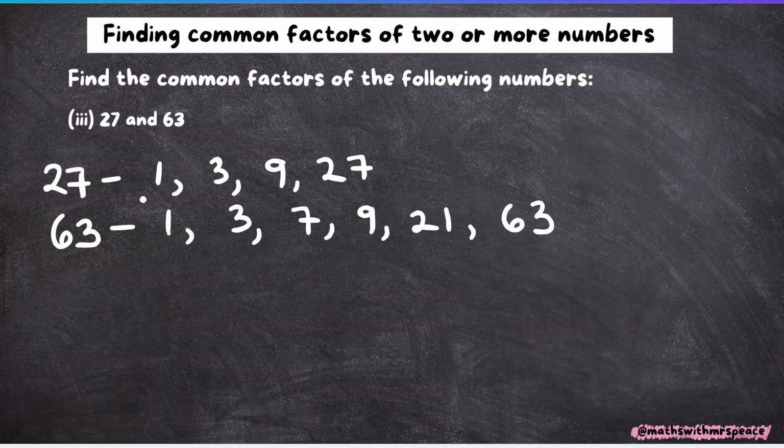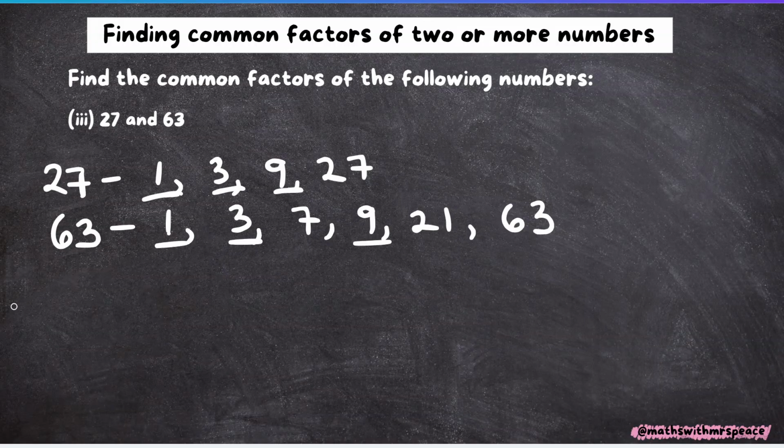Let's go ahead to identify the common factors between 27 and 63. As always, we have 1, and then we have 3, and finally we have 9. So these are the common factors between the 2 numbers.